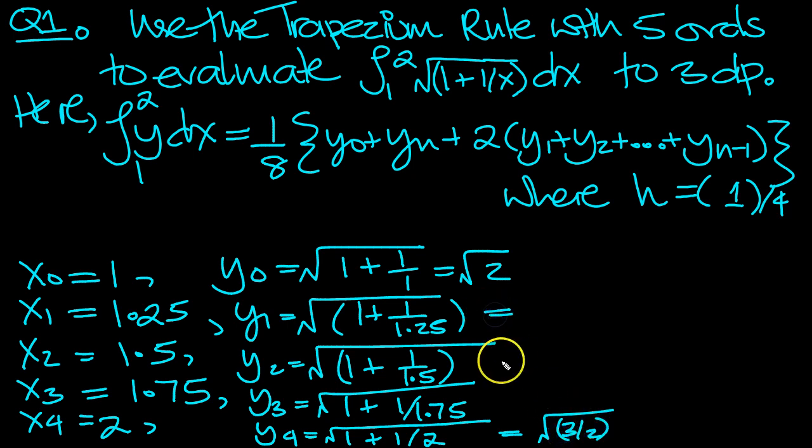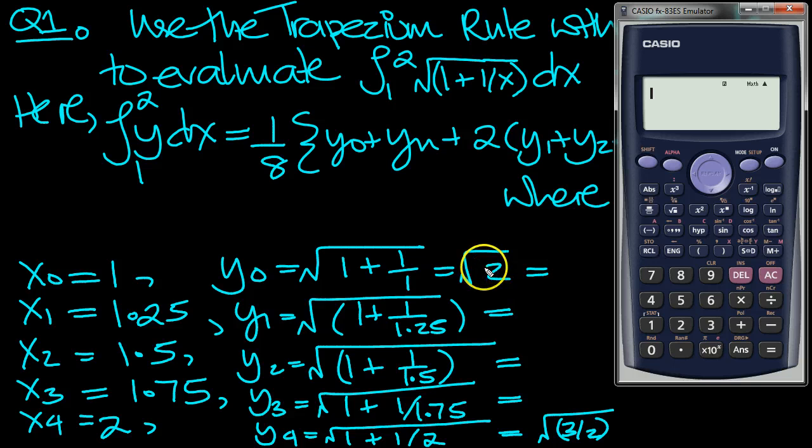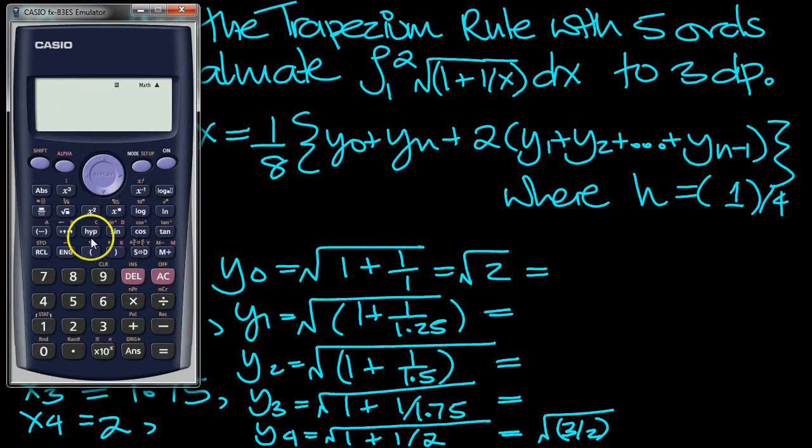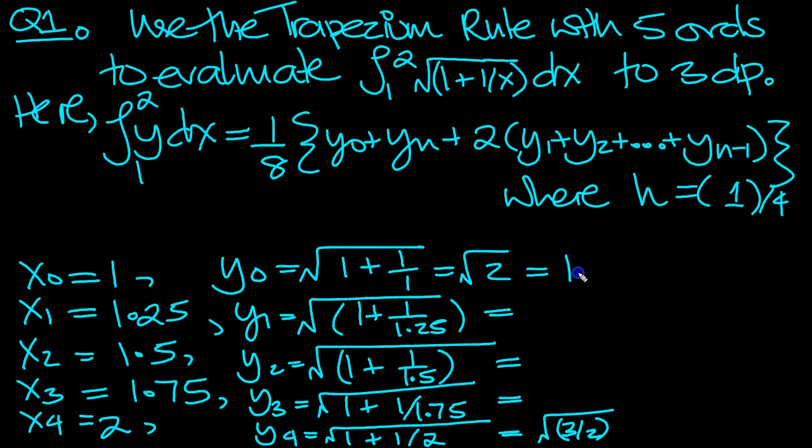So we need to work them out then. Now the final answer needs to be to 3dp. So we'll work to 5dp to be safe then here. The first one, square root 2. Let's move our calculator out of the way. So we just want the root of 2, so let's just do that to start with then. 1.41421 to 5dp.